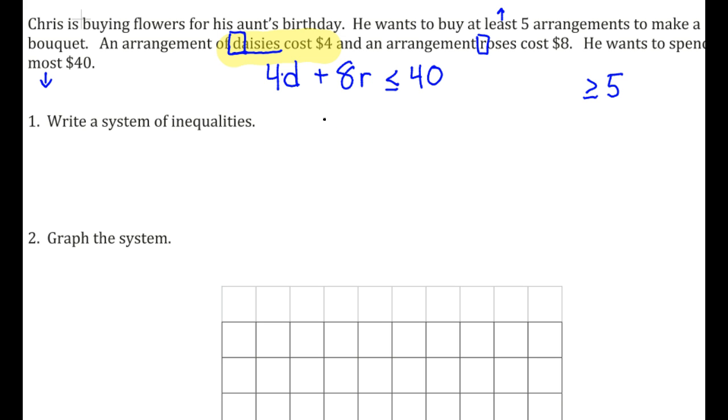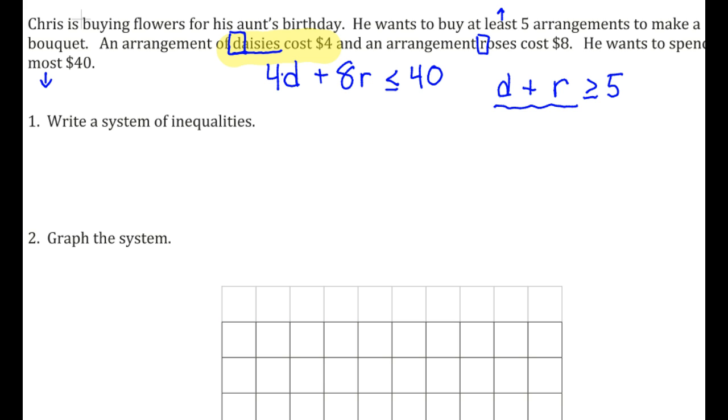So the number of daisies and number of roses in any combination has to be more than 5. So your daisies and your roses have to be more than 5. And you see how this is not written in here. You have to infer from the rest of the problem, well, what it actually means. I need more than 5. More than 5 what? Well, I have 2 types of roses. They have to add up to more than 5, right? So it's inferred. It should be added.